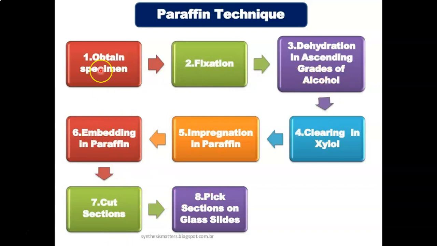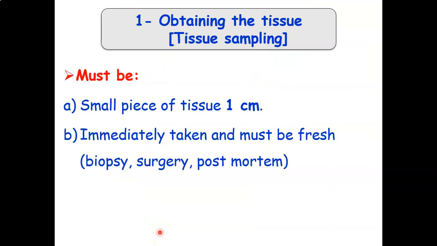Could you notice these 8 steps to be familiar with them, starting from obtaining tissue until sections, putting sections into the glass slide ready to be stained. Obtaining of tissue, or we call it tissue sample.